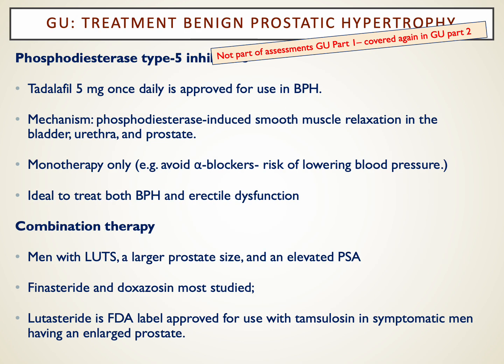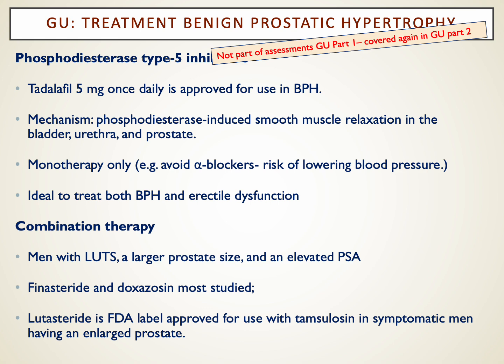The phosphodiesterase inhibitors are making a role, particularly tadalafil, which is indicated now for it. So if you've got someone who also has erectile dysfunction, then this may make sense. But what you need to avoid is we don't give a phosphodiesterase inhibitor with any of the alpha agents because that's excessive hypotension.